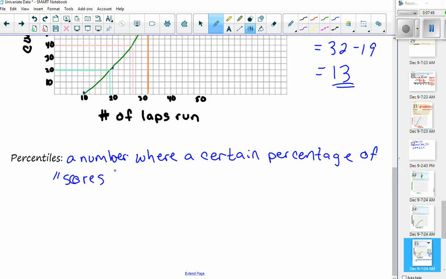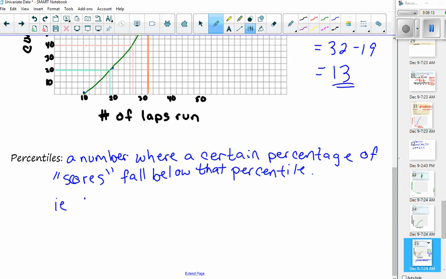So in this case, it would be the number of runners. So the scores fall below that percentile. So you usually hear percentiles when you start talking about standardized tests and where you fall in relationship to your peers. So it's all dependent upon the data that's collected.